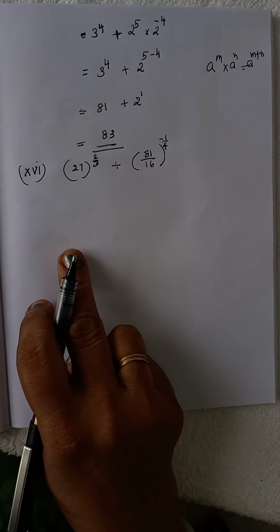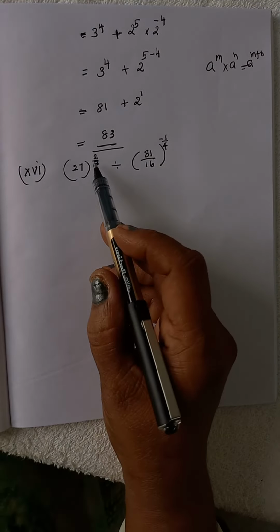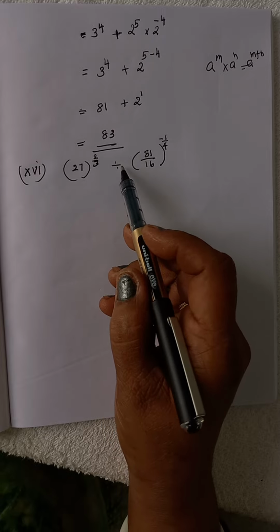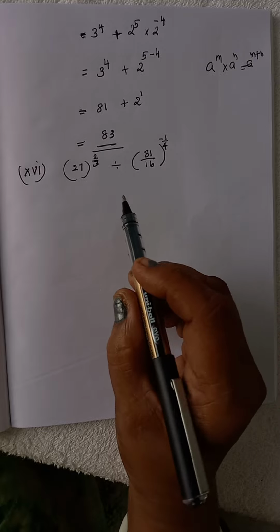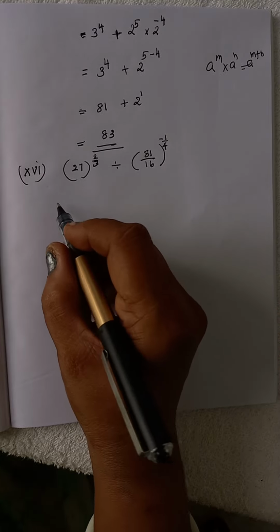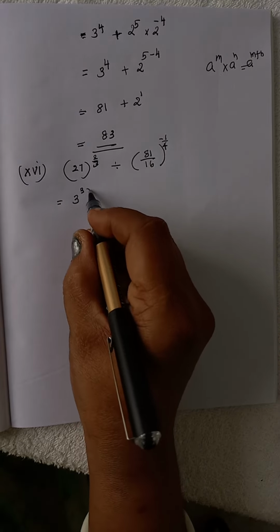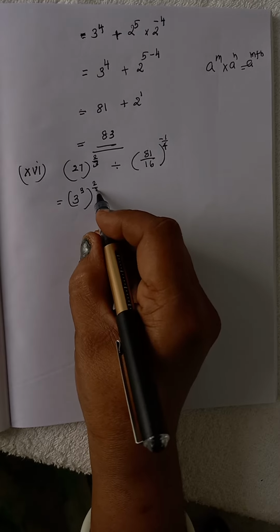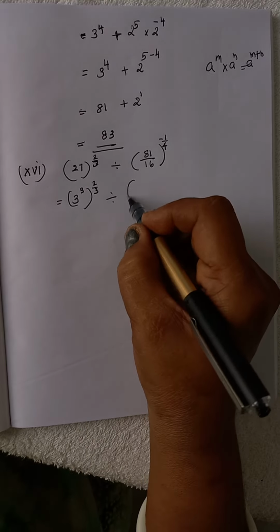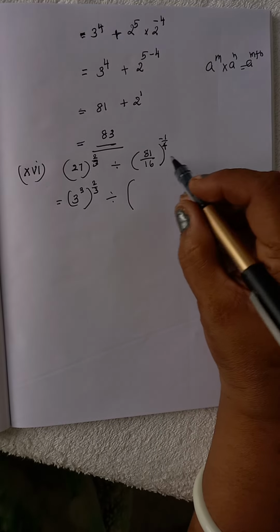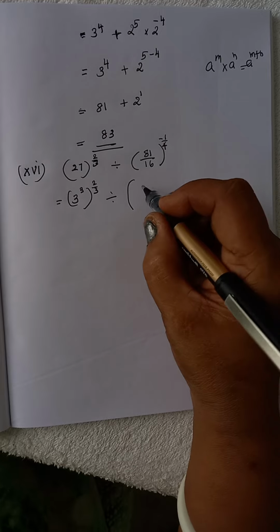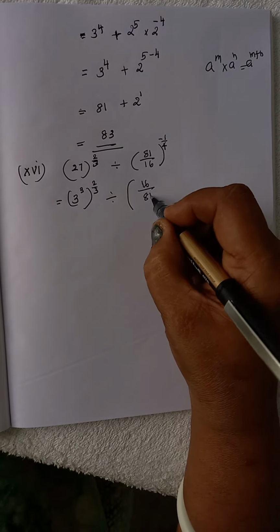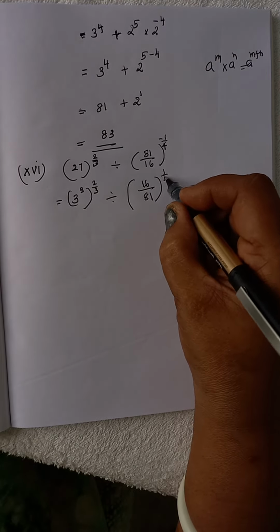Now the 16th question is 27 raised to 2 by 3 divided by 81 by 16 whole raised to minus 1 by 4. 27 is 3 raised to 3, raised to 2 by 3, divided by, now 81 by 16 raised to minus 1 by 4 can be written as 16 by 81 raised to 1 by 4.